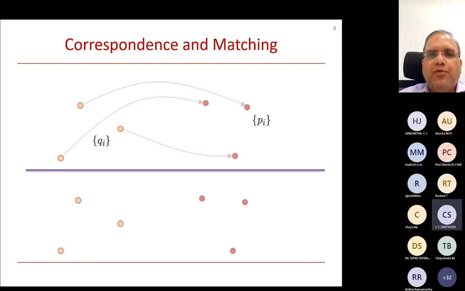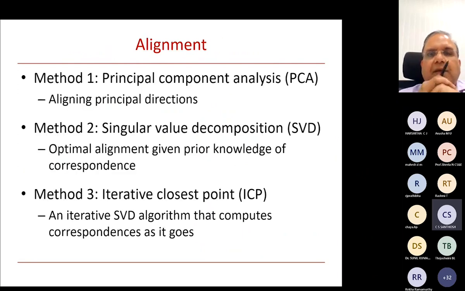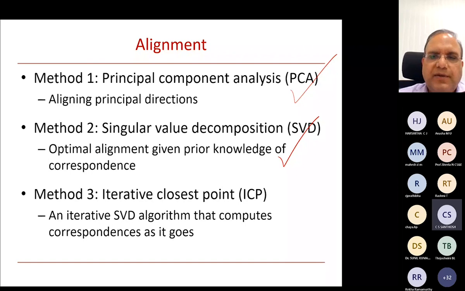You first find the point correspondences, and once that is established, you perform some kind of translation so that they come close to each other, and then some kind of rotation so that they align well with each other. To accomplish this, we have certain standard techniques. For example, this alignment can be done with the help of PCA, or SVD, or there is a very robust technique which is often used, the iterative closest point matching technique.